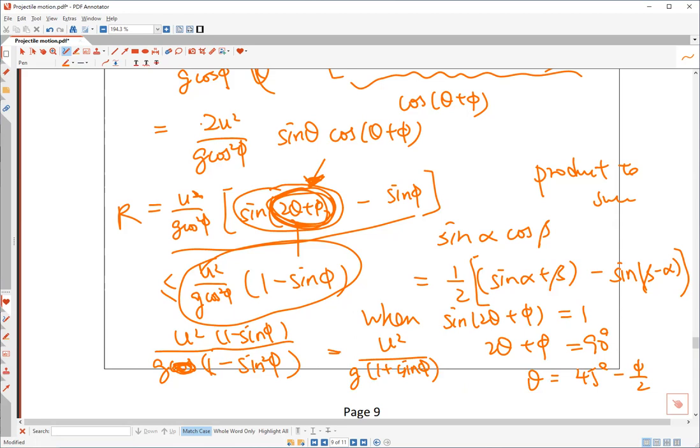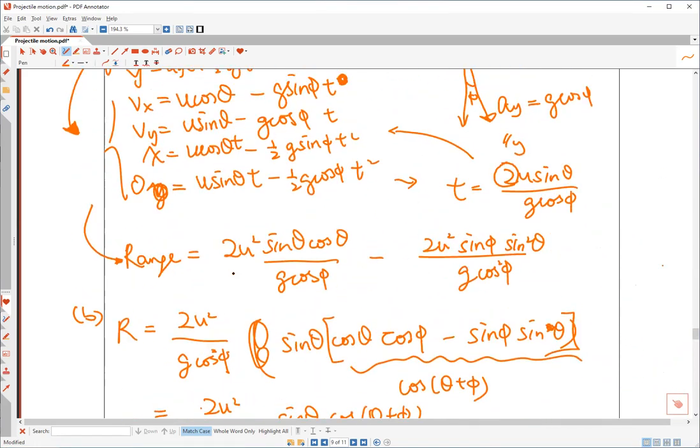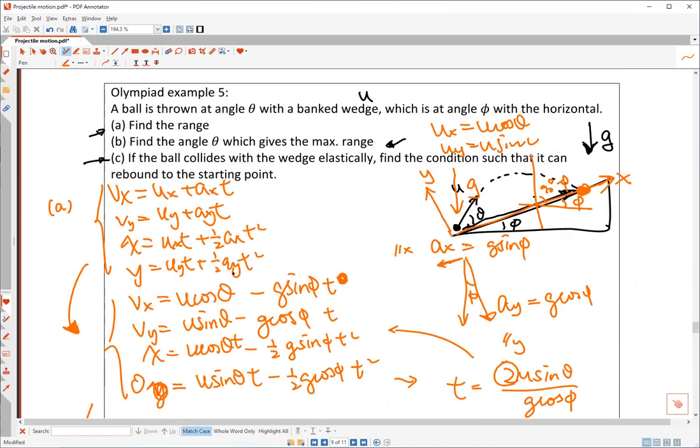It depends. So let's say if this is an MC, if you can get to this step, but the answer gives you this choice, you should know that these two are equal to each other. So that is part B.